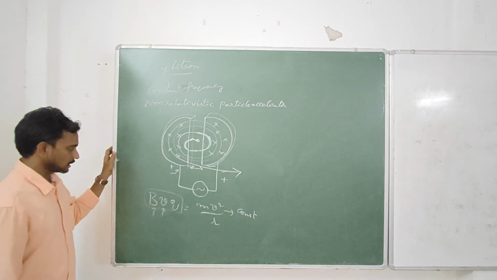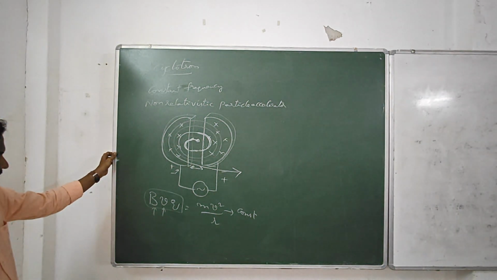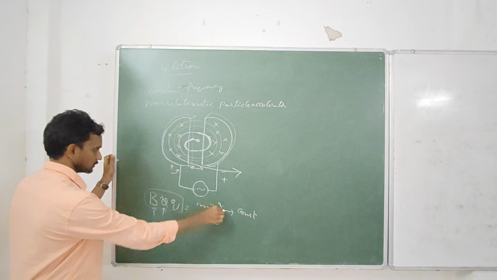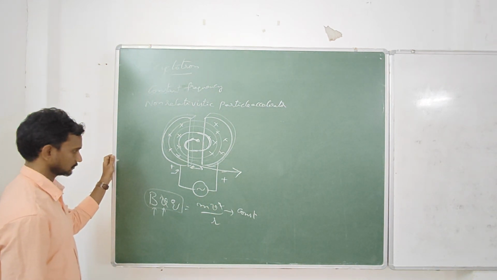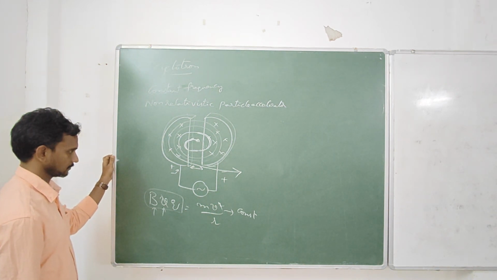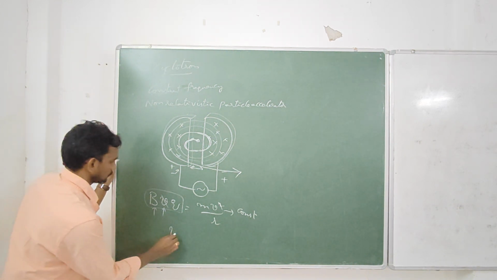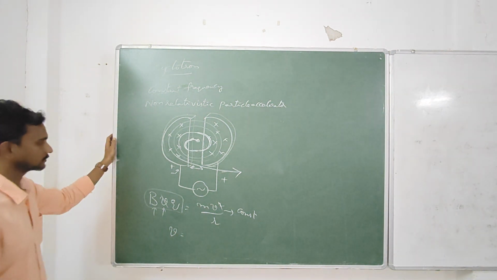Okay, so what can we write from here? BVQ is mv square by r. So if we cancel this, what is the velocity of the particle?